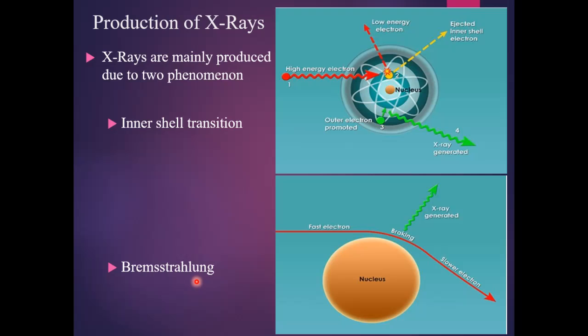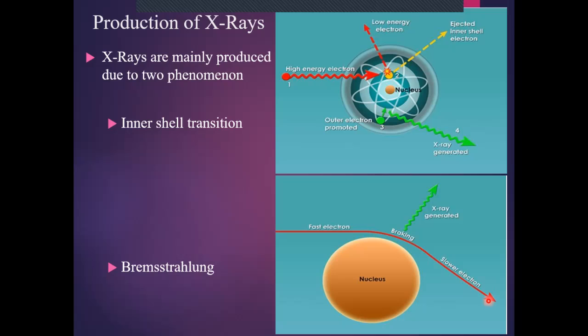Similarly, when a fast-moving electron is allowed to fall on the atom, there is a possibility that it is strongly decelerated by the nucleus. For example, this is a fast-moving electron. When it passes near the nucleus, due to nuclear attraction, it will be slowed down.